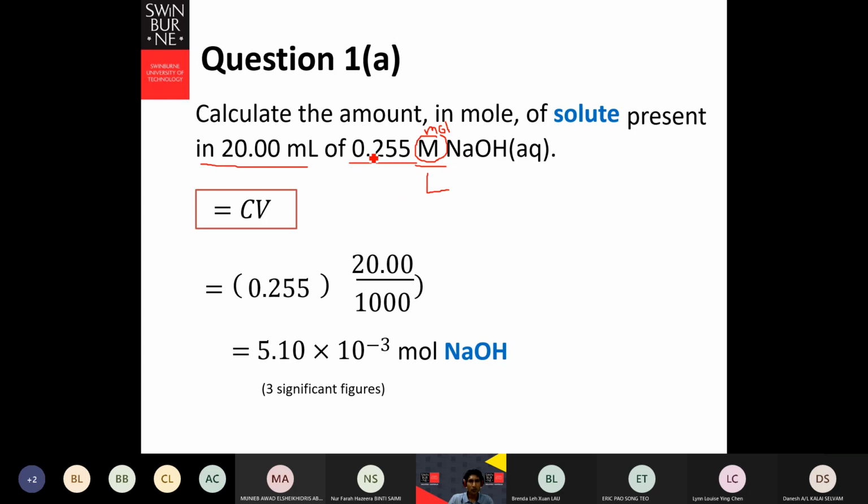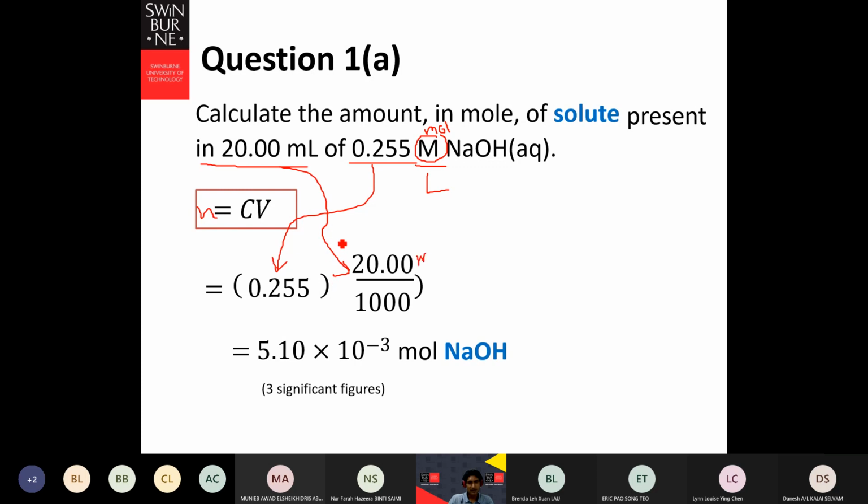So what will the number of moles be? Well, N equals C into V, so we can just plug in the values and get what we are looking for. The 20 milliliter, of course, we have to convert to liter.